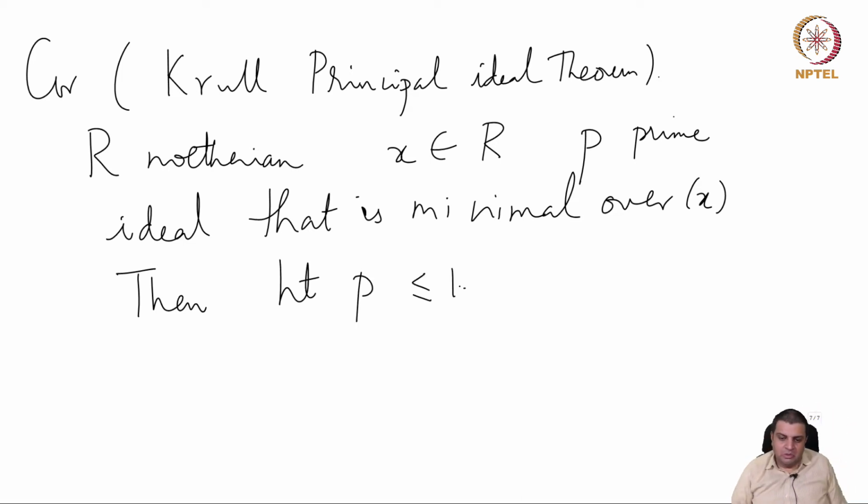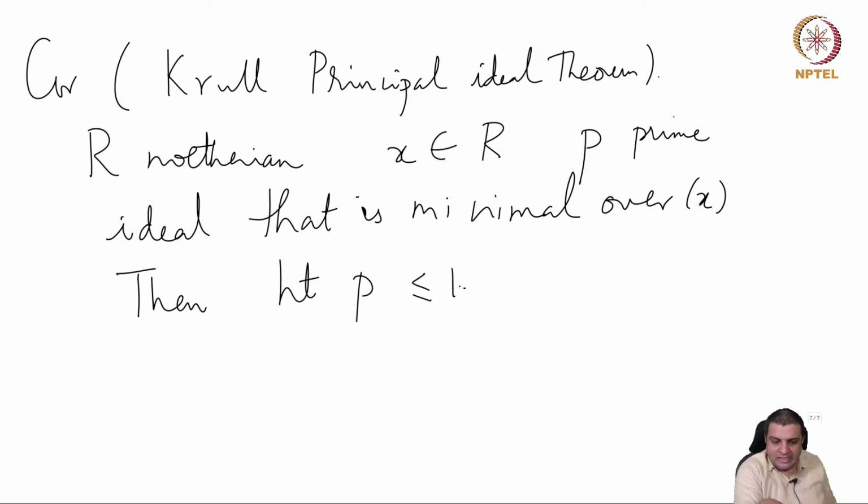Okay. Maybe this is a believable statement, but at the generality of Noetherian rings, this needs a proof. The way we will prove it is we will derive it as an immediate corollary of the dimension theorem that we proved earlier. There are other proofs. One can prove it more directly without doing that much work, but some work has to be done.